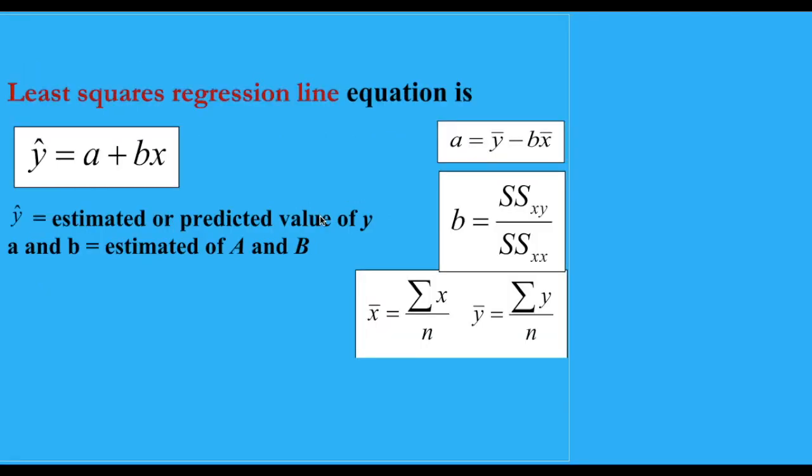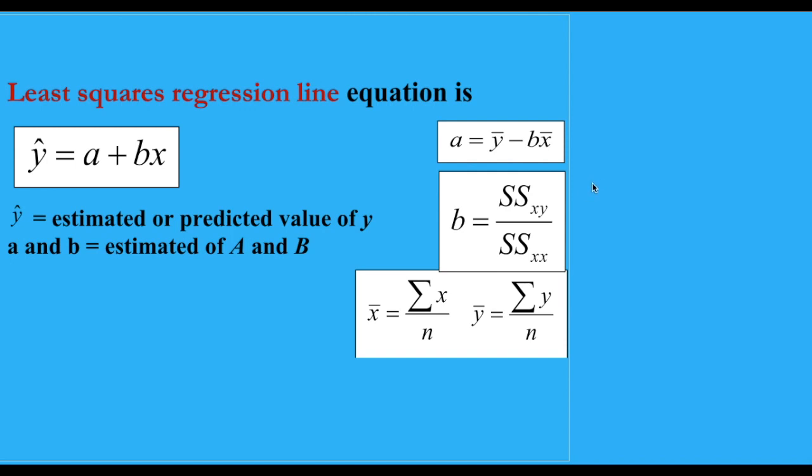And here we have the formula that helps us calculate the values of the estimated y-intercept and also the estimated slope, which helps us model the least squares regression line. And these are again provided in your final exam.